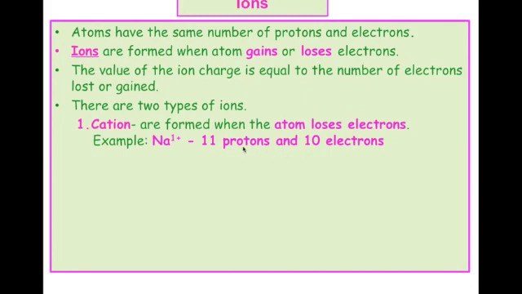Because there are more protons than electrons, the overall charge for this ion is positive. The value of this charge is 1 because we have one more proton than electrons. Elements that are metals tend to lose electrons and form cations.